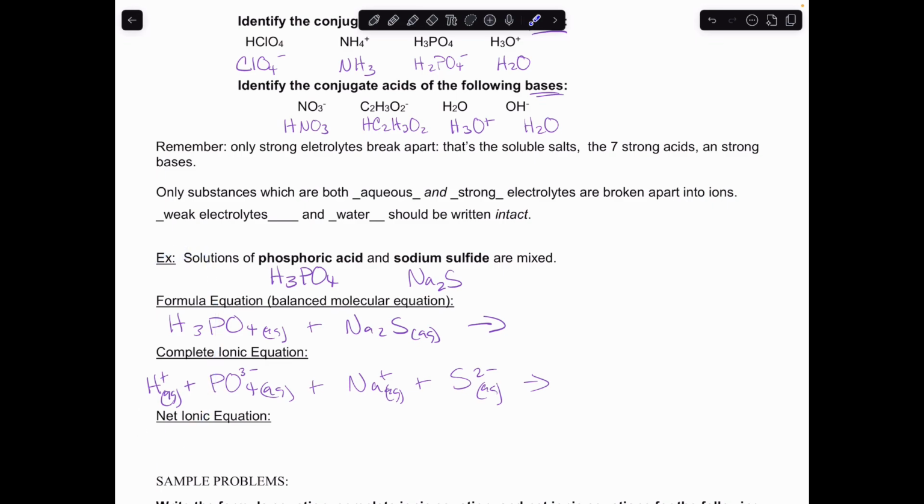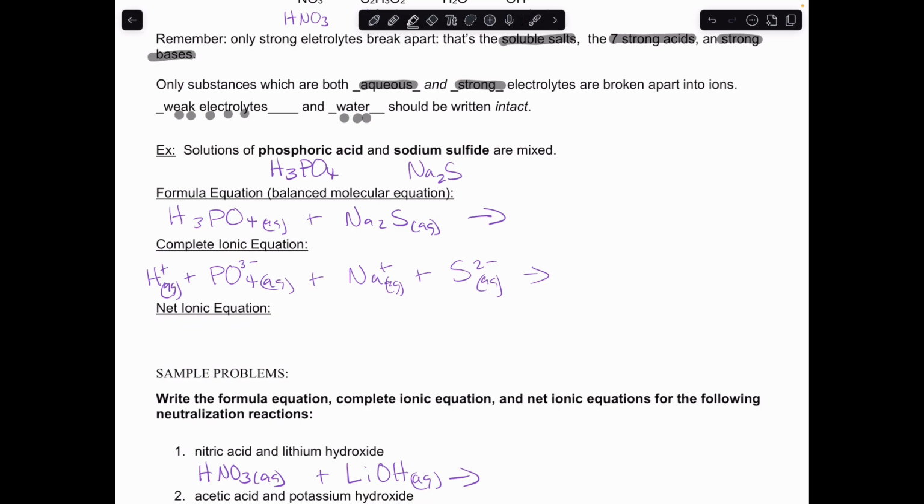And when we do, the things that will ionize or separate or break apart in that complete ionic equation will only be the strong electrolytes, the soluble salts, the 7 strong acids, and strong bases. Remember, only substances that are both aqueous and strong are broken apart into ions. If it's a weak electrolyte or water, it should be written intact.